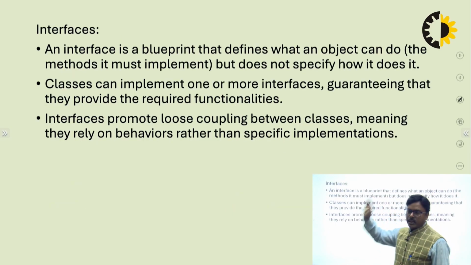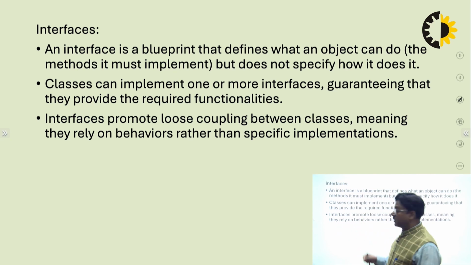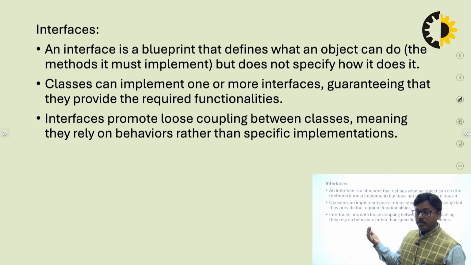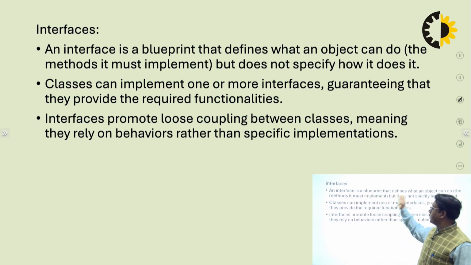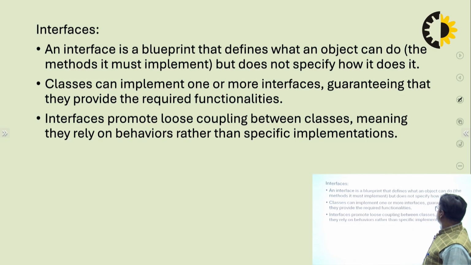Now, another feature of abstraction is the interface. As per the definition written here, an interface is a blueprint that defines what an object can do, the methods it must implement, but does not specify how it does.